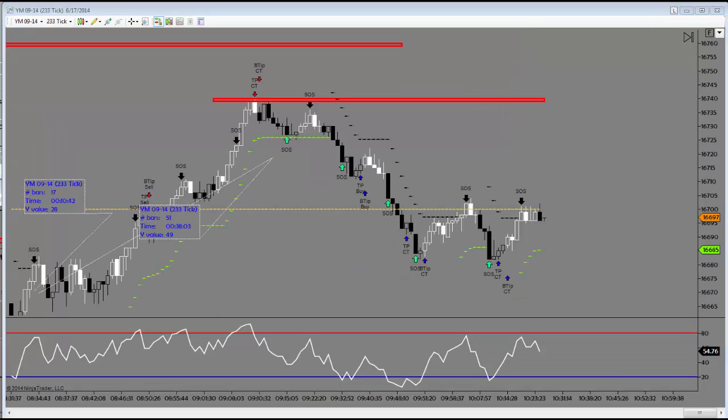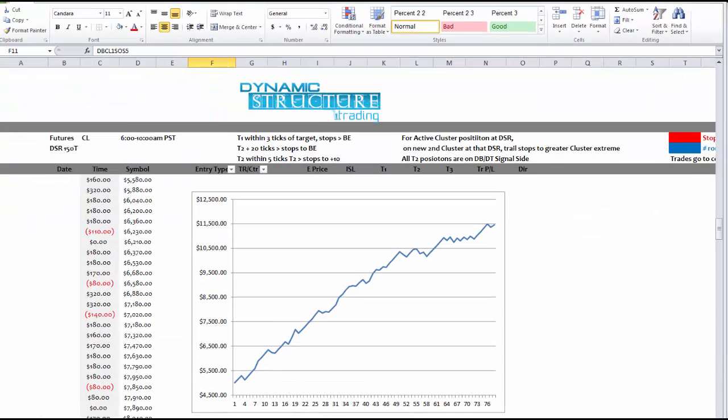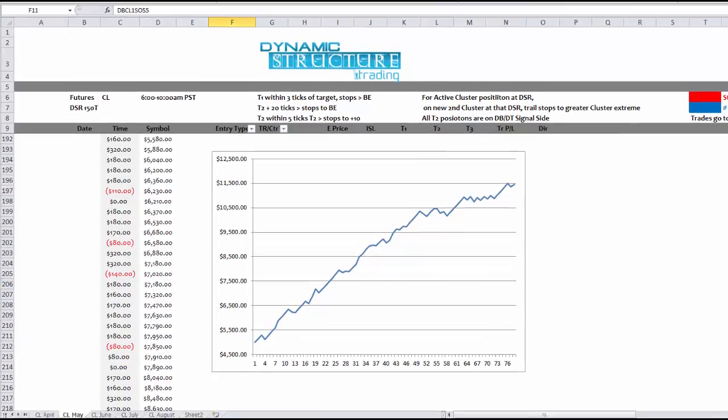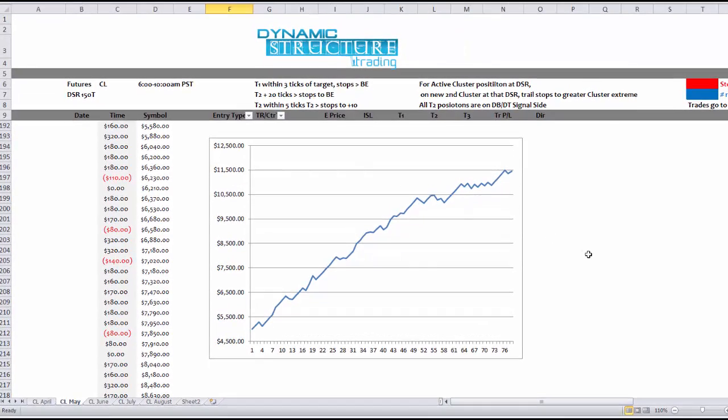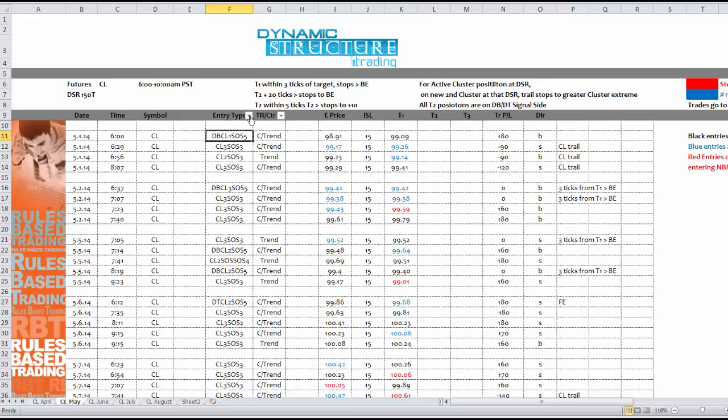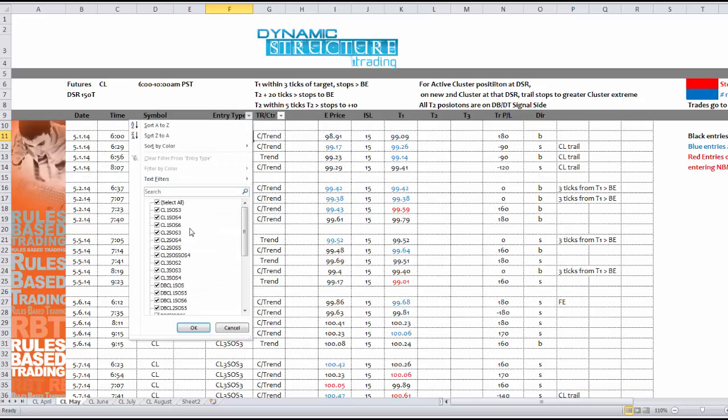Now I built the Excel spreadsheet out so we could take a look at the different types of signals. So let's pull this guy up. Scroll back to the top. Okay, so under entry type, you'll see right here, we've got clusters at the SOS.